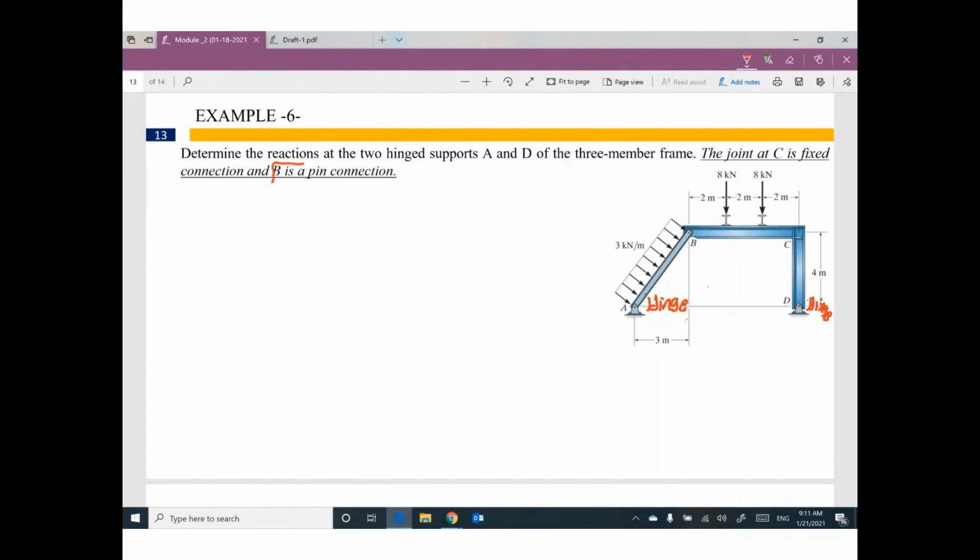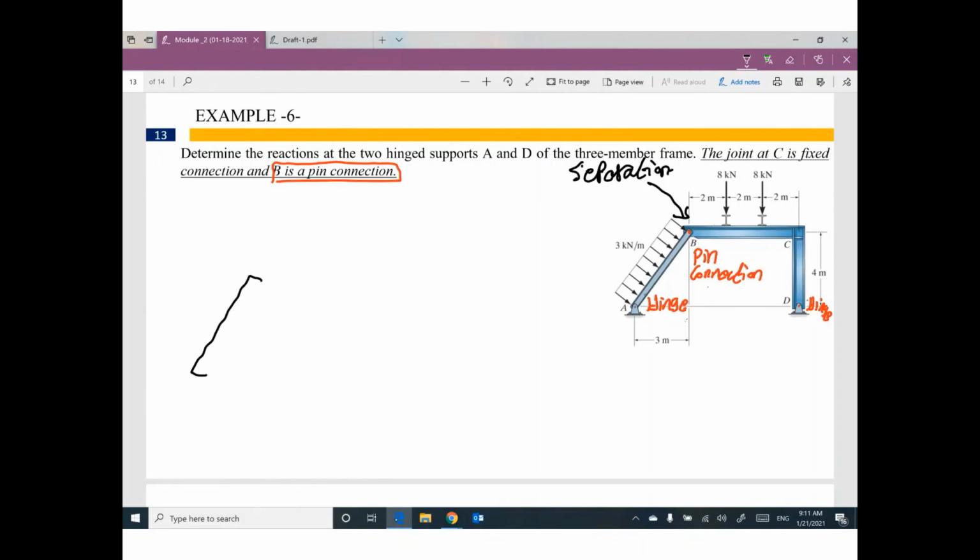B is pin connection. Do you remember that if you have a pin connection, we need to do a separation at this connection? So this frame will be separated like this.